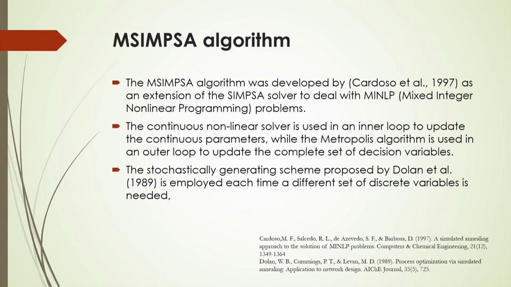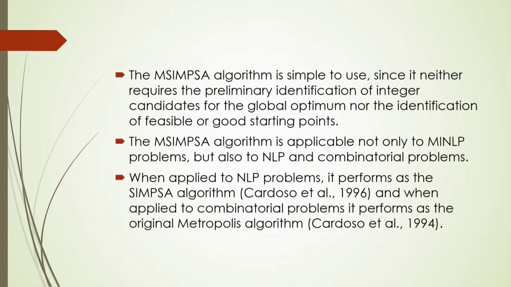The stochastic generating scheme proposed by Dolan et al. can be employed each time a different set of discrete variables is required for this algorithm to analyze. This MSIMSA algorithm is simple to use, since it requires neither the preliminary identification of integer candidates for the global optimum, nor the identification of feasible or good starting points.